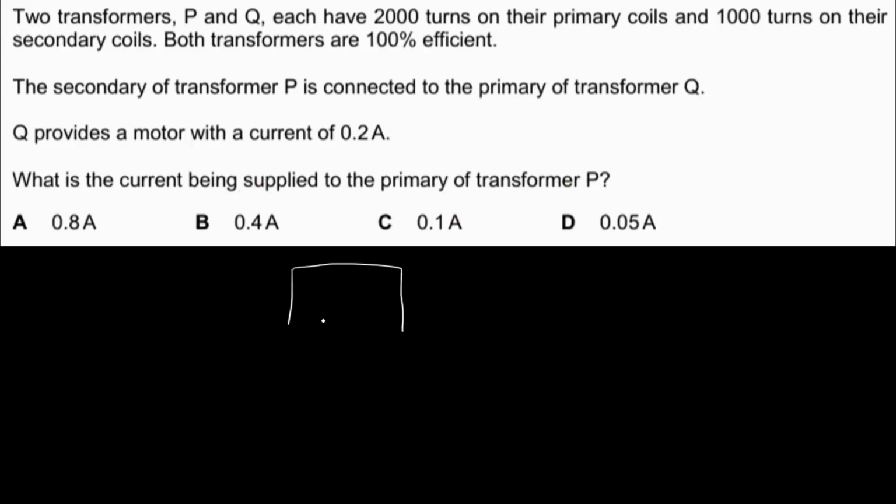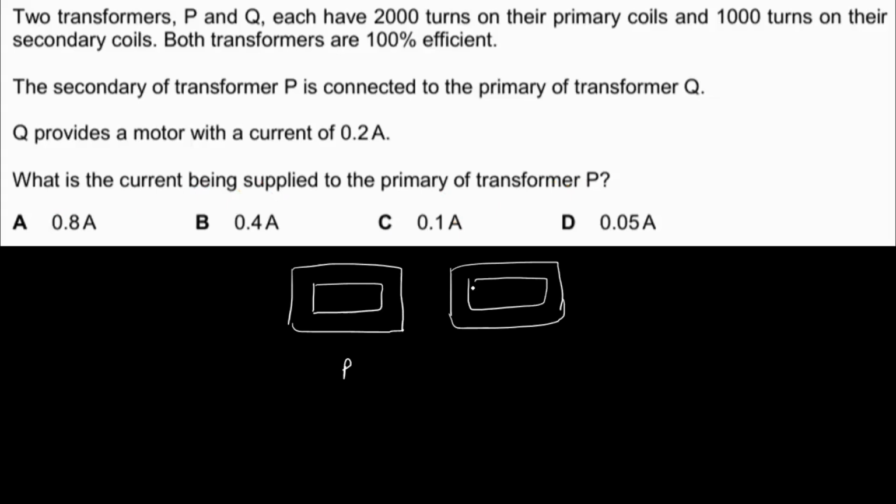This is the first transformer, transformer P, and this is the second transformer, transformer Q. Now, they said that there are 2000 turns on their primary coil, and both of them have 2000 turns, and they have 1000 turns on their secondary coil.